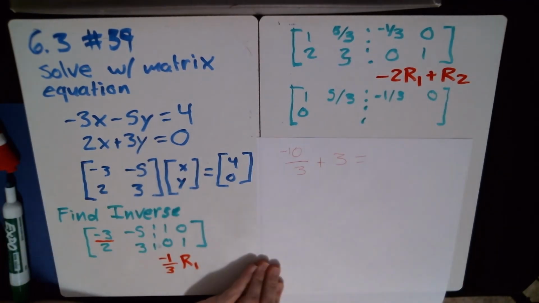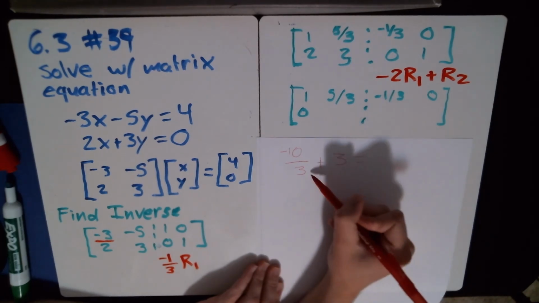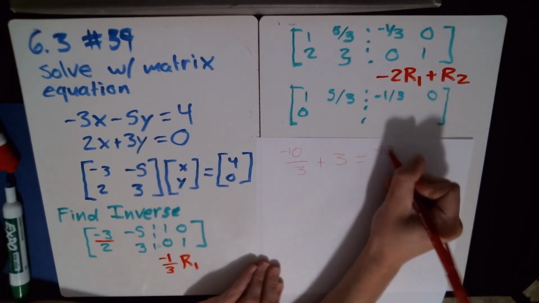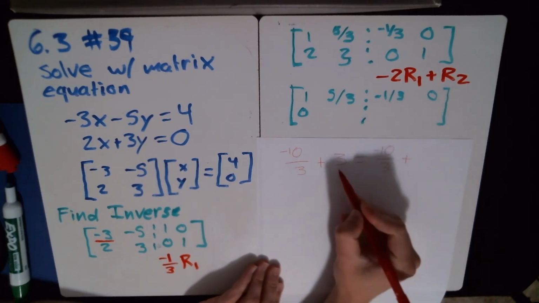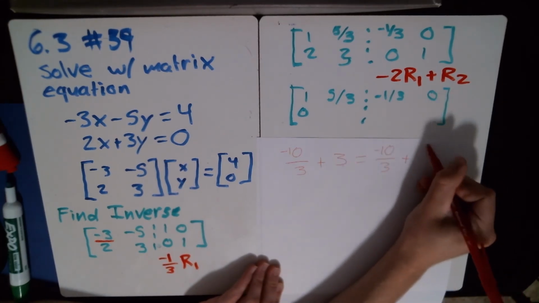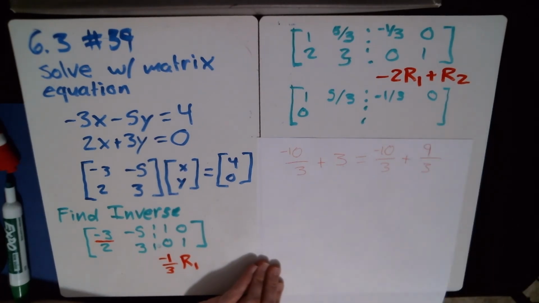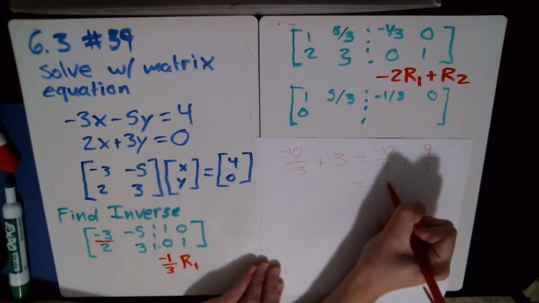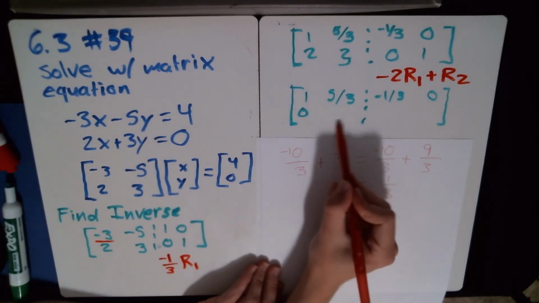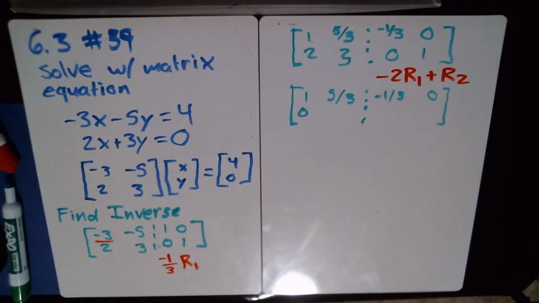Okay, so what happens when I do that? Well, we need to make a common denominator here, so I would do negative 10/3 plus, and then I would times this by 3 over 3, right, to get a common denominator. 3 times 3 is 9 divided by 3. Okay, so I get negative 1/3, it looks like. Okay, so right here should be negative 1/3.